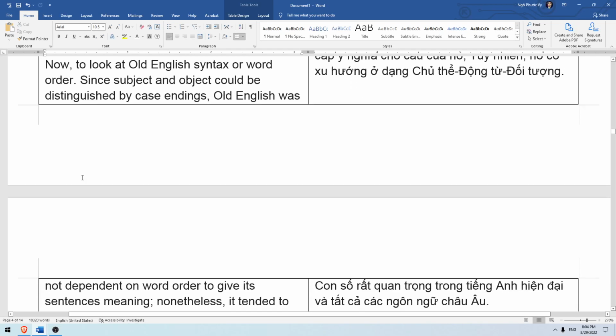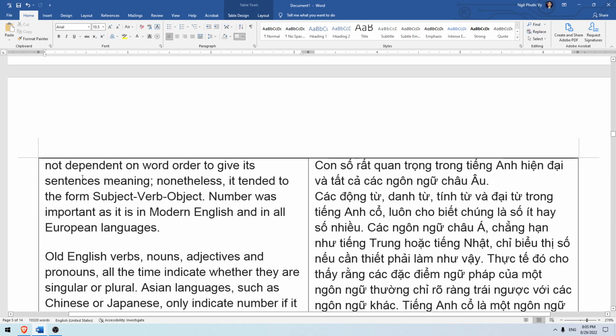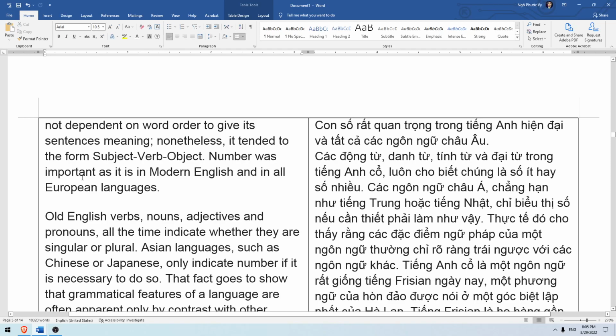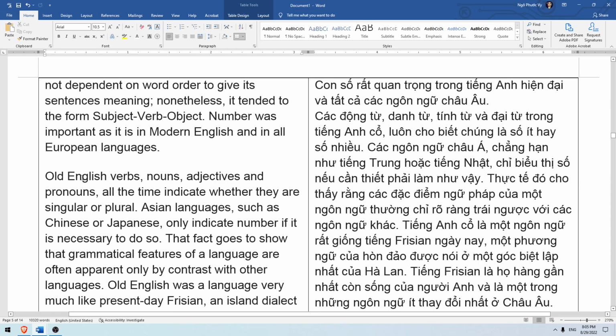Now, look at Old English syntax, or word order. Since subjects and objects could be distinguished by case endings, Old English was not dependent on word order to give its sentences meaning. Nonetheless, it tended to the form subject, verb, object. Number was important, as it is in modern English and in all European languages.